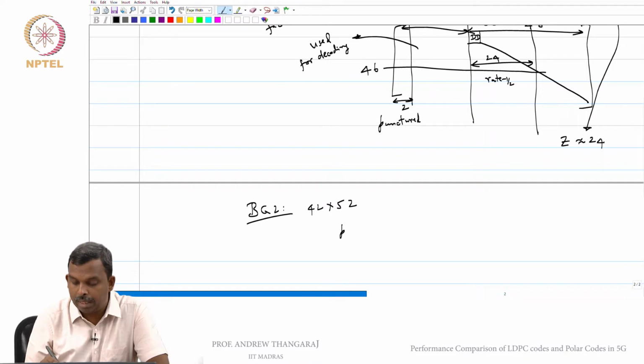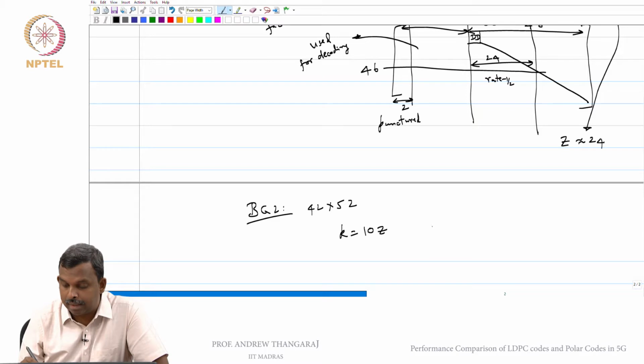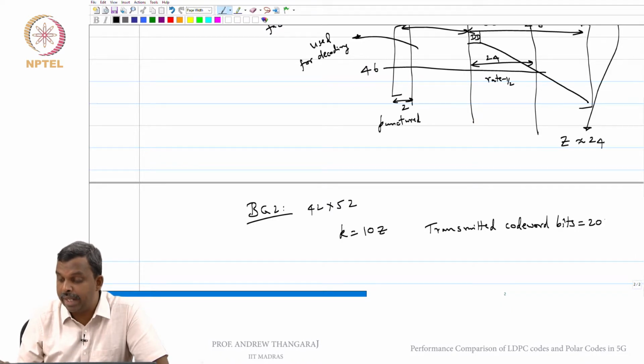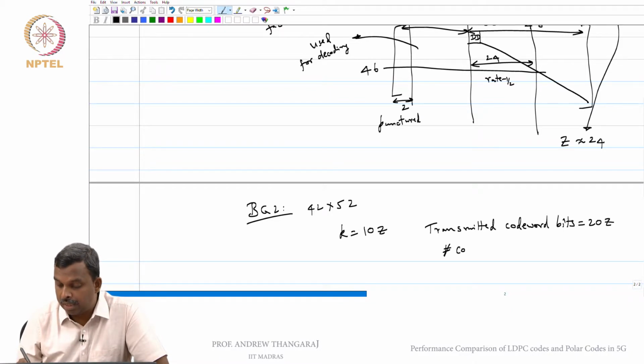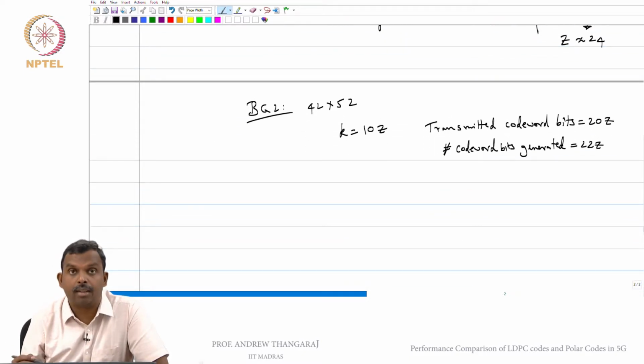Okay, so your K becomes 10 times Z, and your code word bits transmitted is 20 times Z, which means the total number of code word bits generated is 22 into Z. Okay, so that's the logic for getting rate half.